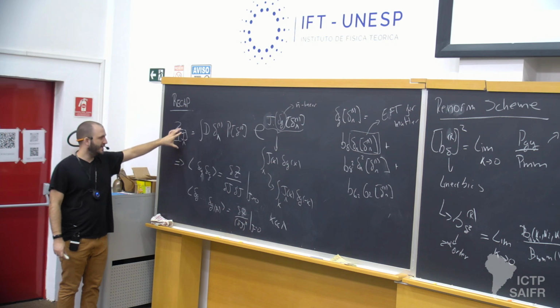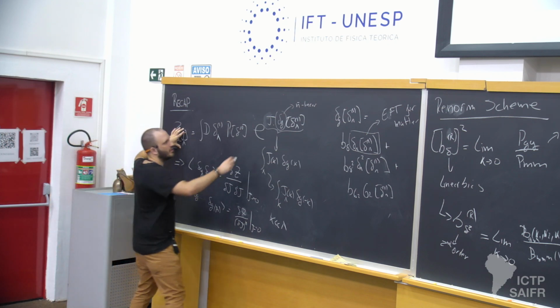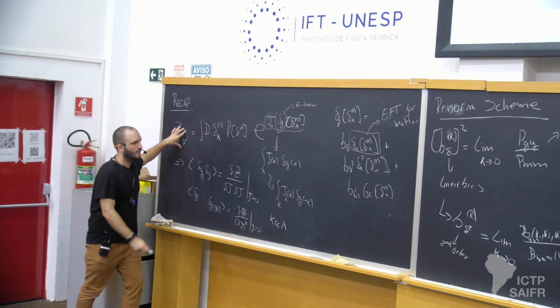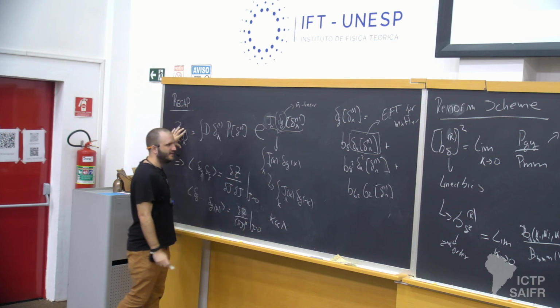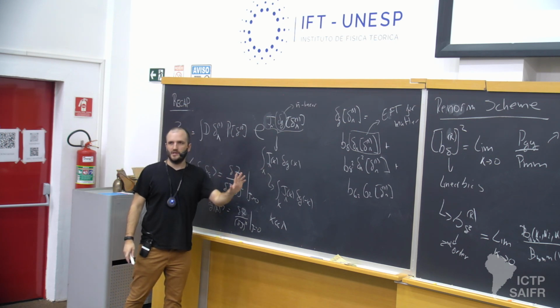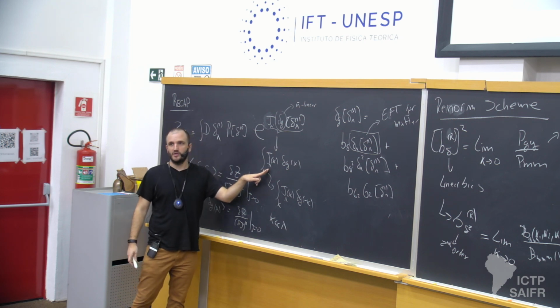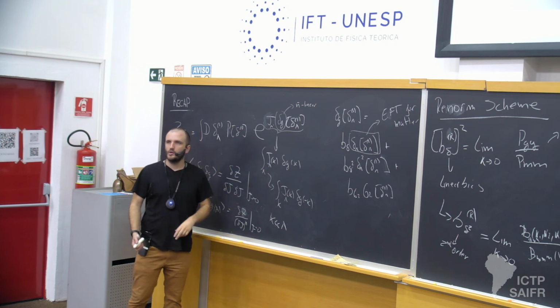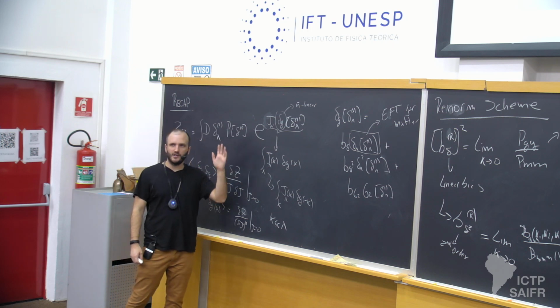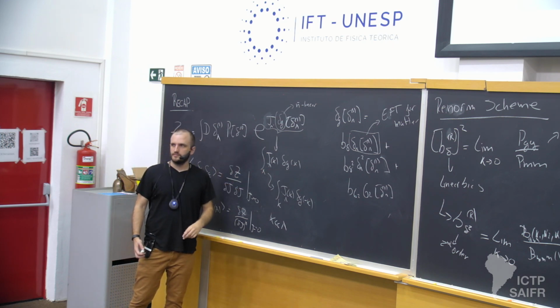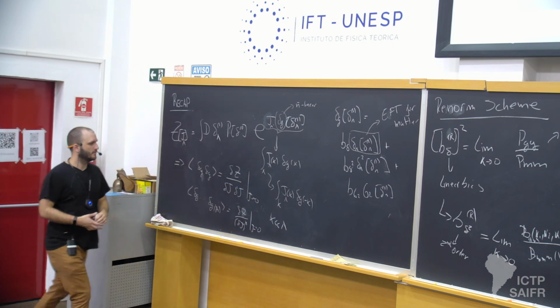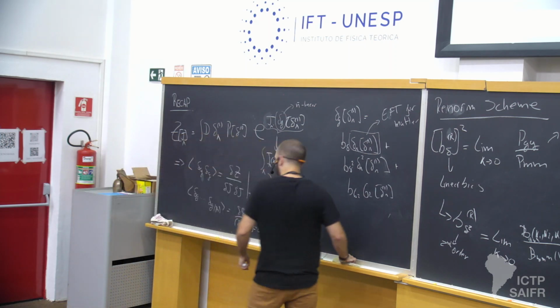J here has to have some support on lambda. It just means that for wave modes larger than lambda, this J is going to be 0. I'm just having a hard cut on J here. Questions?